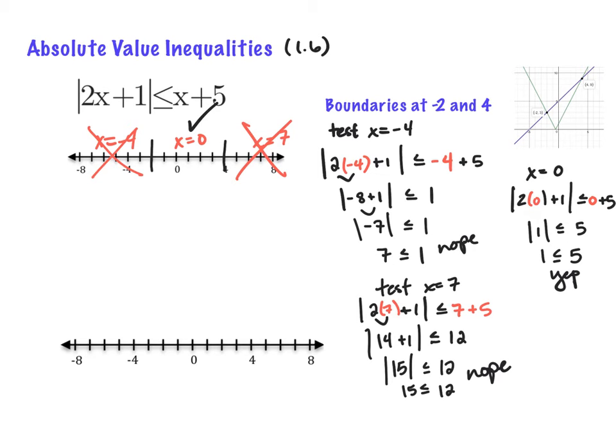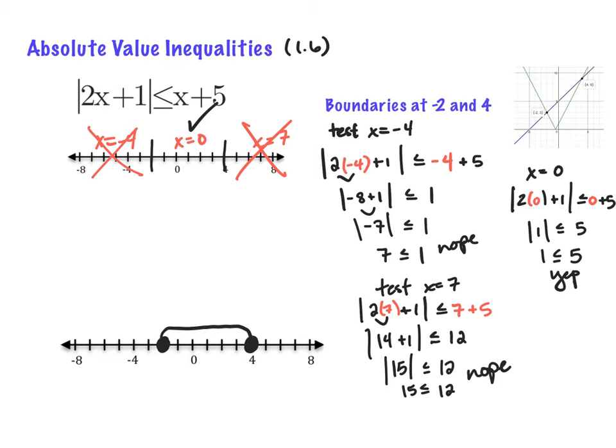So what we know then is that our boundaries at -2 and 4, because of this or equal to line here, those are going to be filled in circles at -2 and at 4. And because of what we know up here, that this part worked and these parts did not, it's the space between them.